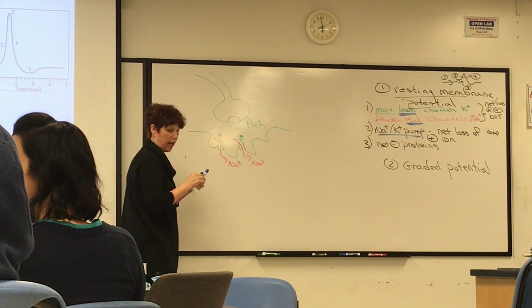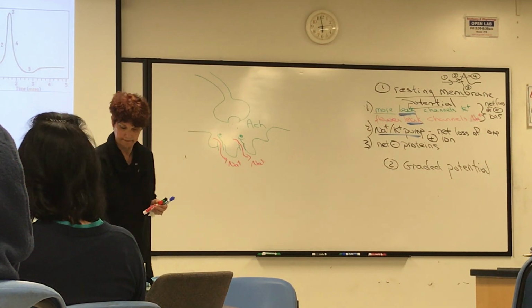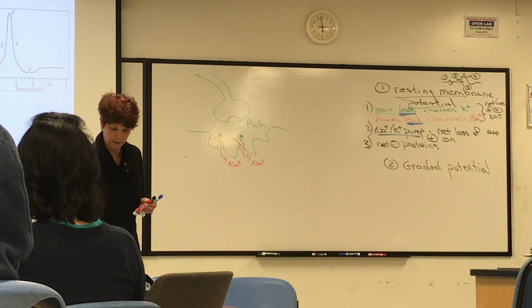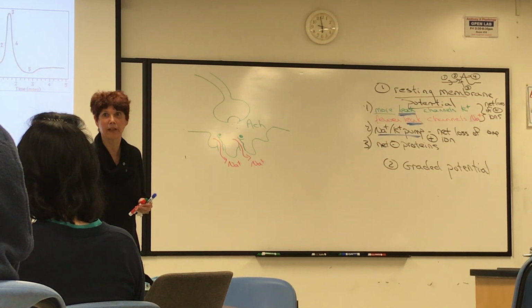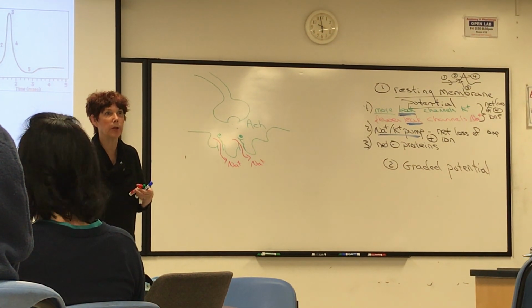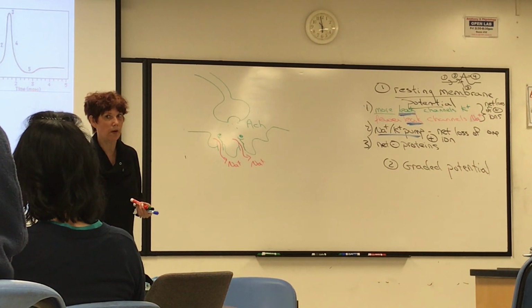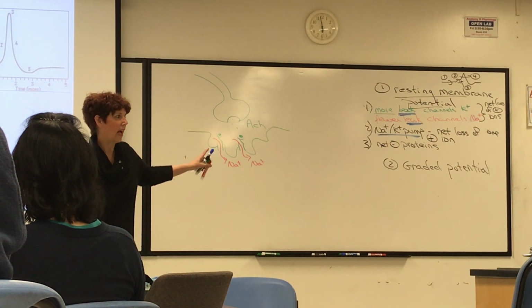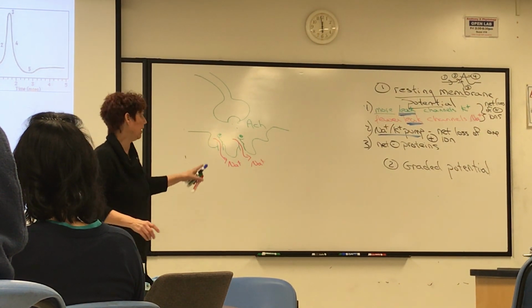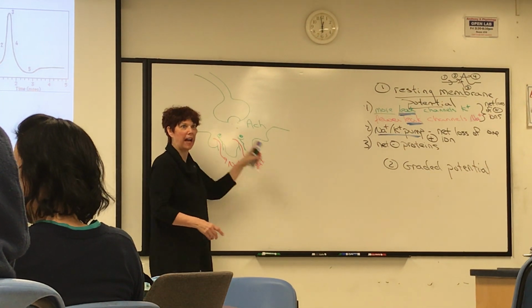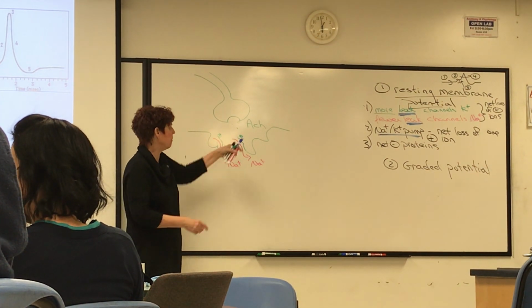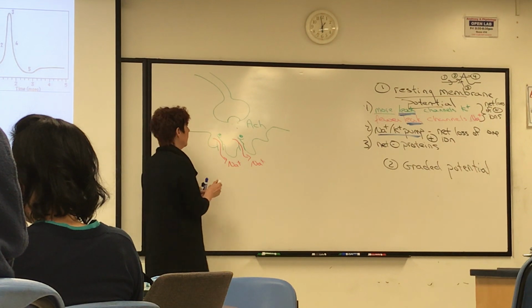So let's say that I'm trying to pick up this box. And I try to pick up the box, and I try to pick up the box, and it's not moving. What do I need to do to get my muscles to contract more strongly and create a greater force to pick up that box? I have to fire more often or fire more neurons so that I get more acetylcholine.